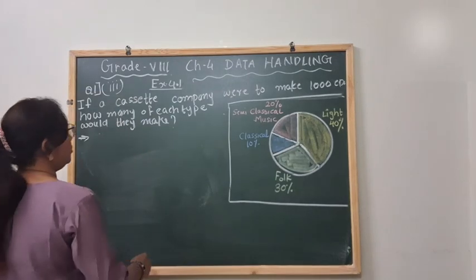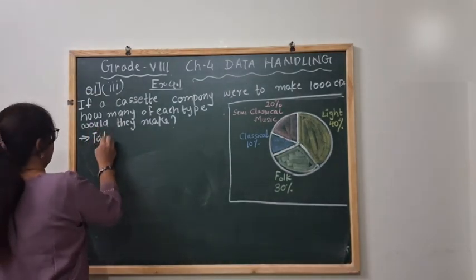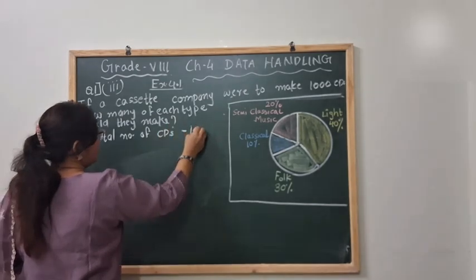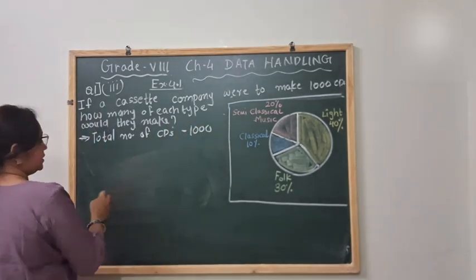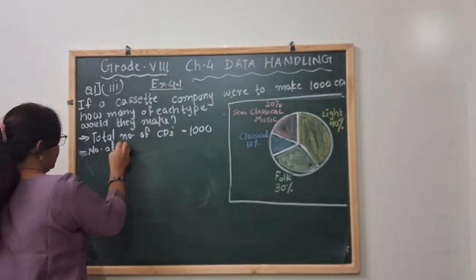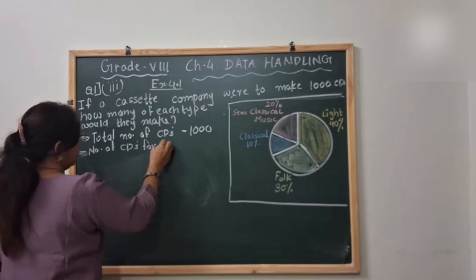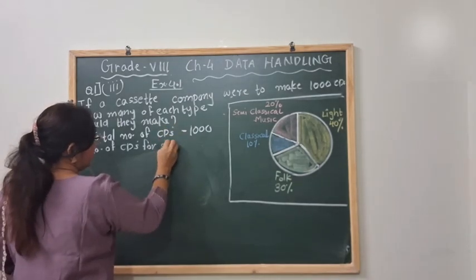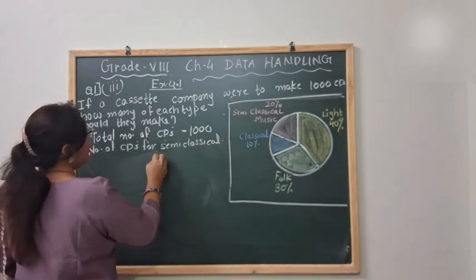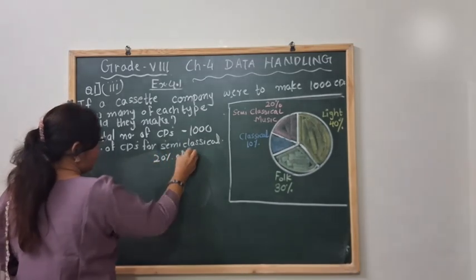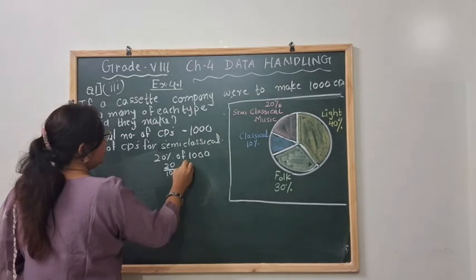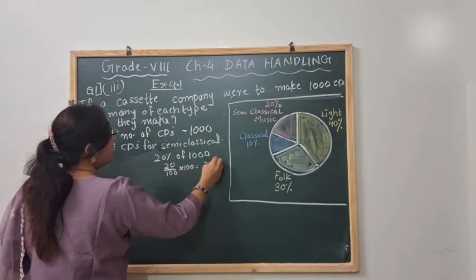Okay, so let us find out. Total number of CDs given is 1000. Number of CDs for semi-classical music would be 20% of 1000, which is equal to 20 upon 100 into 1000, which is equal to 200 CDs.